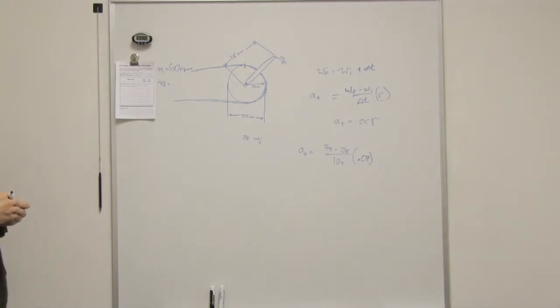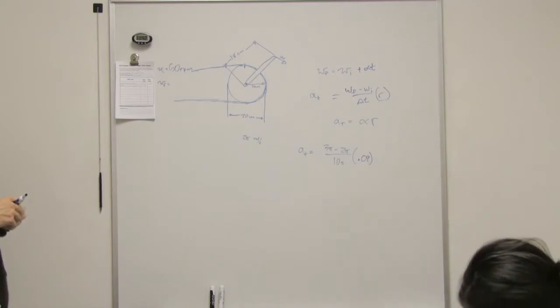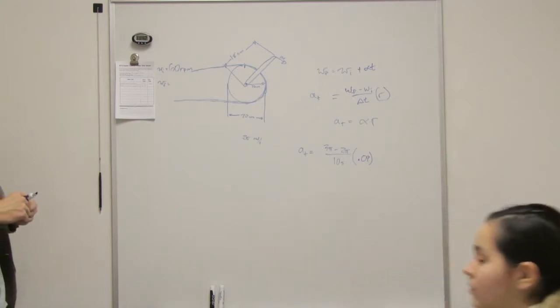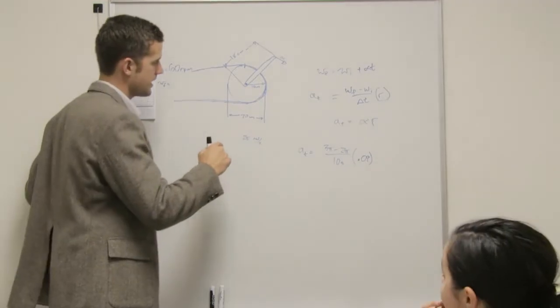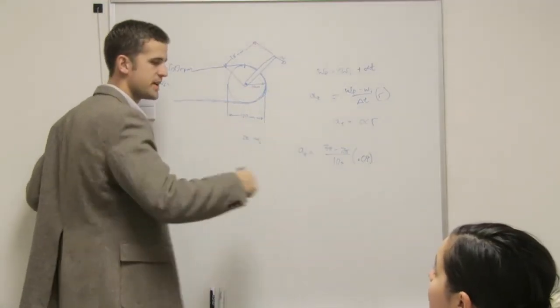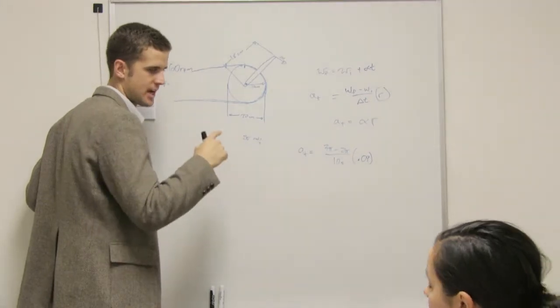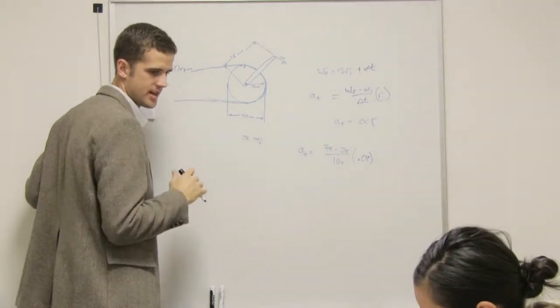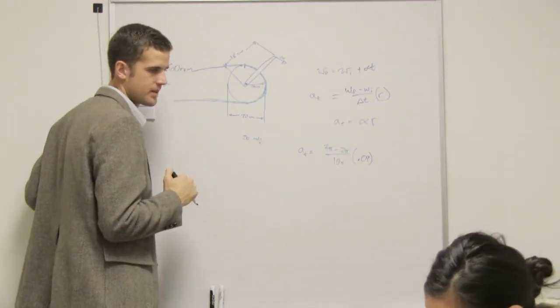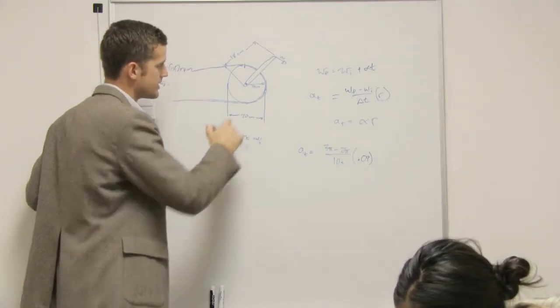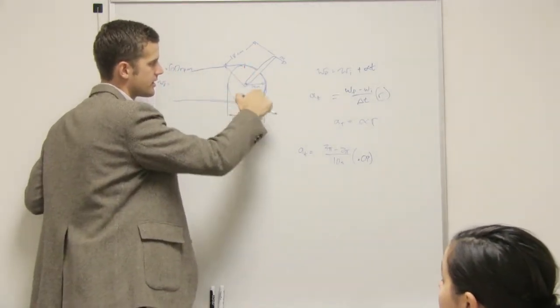So how would I find that, is my question. Okay. So let's say it's spinning, right? So how do you compare how fast it's spinning to how much chain is going around the outside of that? The distance around the outside, right?